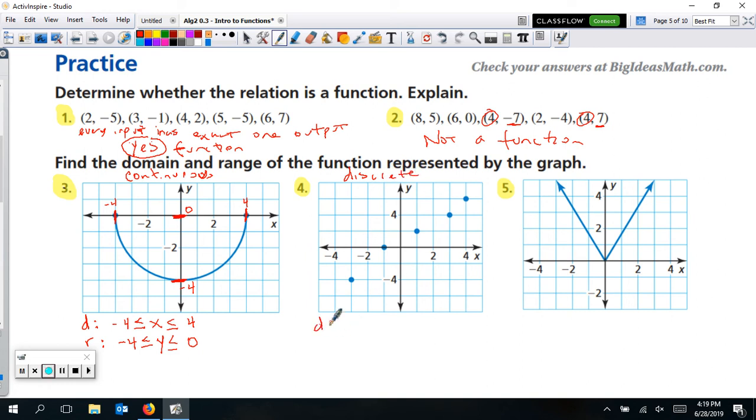So that would be starting here at -3. The next one we see is at -1. And we're going left to right, negative to positive, +1. Next one is at +3, and the last one's at +4. And so then the range is also going to be just separate numbers here.